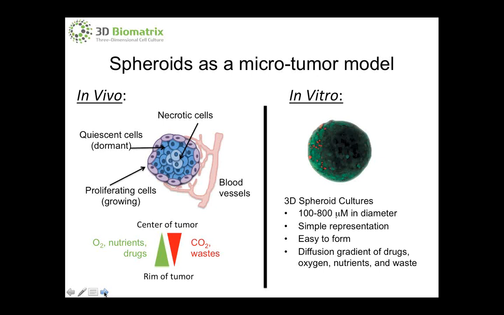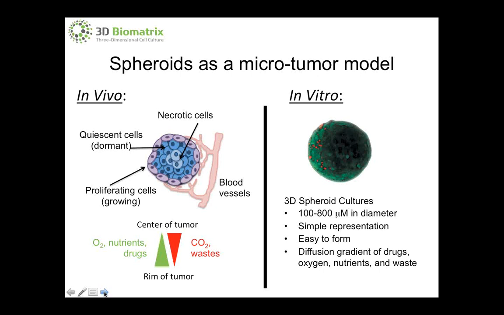And if these microtumors become large enough, you can actually end up with necrotic cells in the center because they're unable to access oxygen and nutrients, and they're unable to get rid of CO2 and waste. And this is all a function, again, of this 3D structure and its interaction with blood vessels in vivo.